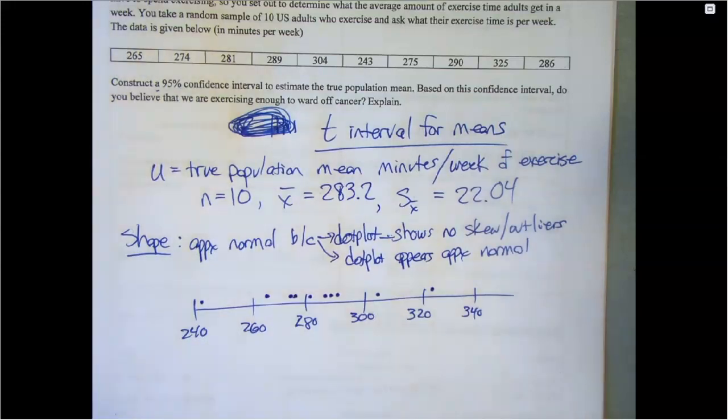The choices would be: yes, because I have a sample size bigger than 30, that's wrong. Yes, because the population is normal, that's wrong. Yes, because the dot plot appears normal, that could be right. And part D could be no, because the dot plot does not appear normal. You know what I mean?